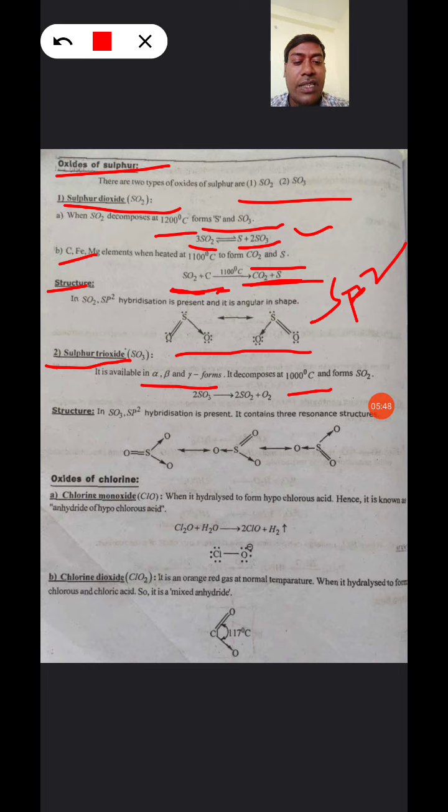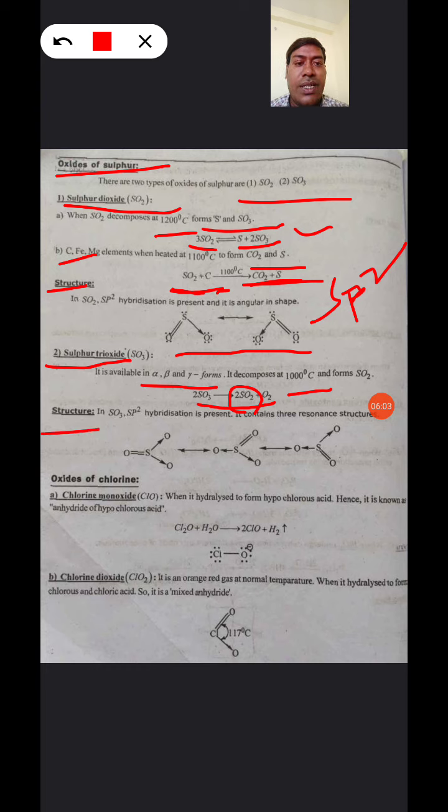So this is the reaction of decomposition of sulfur trioxide at 1000 degrees centigrade temperature, forming sulfur dioxide.